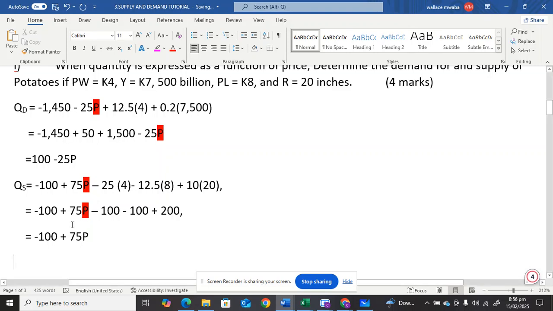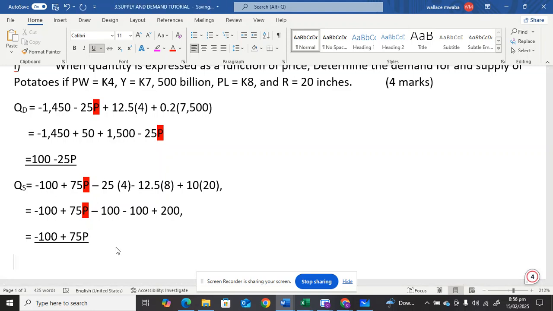So now we've got our simplified demand function and our simplified supply function. We can calculate the equilibrium price and the equilibrium quantity. The equilibrium quantity represents the quantity demanded of the potatoes and the quantity supplied of the potatoes.